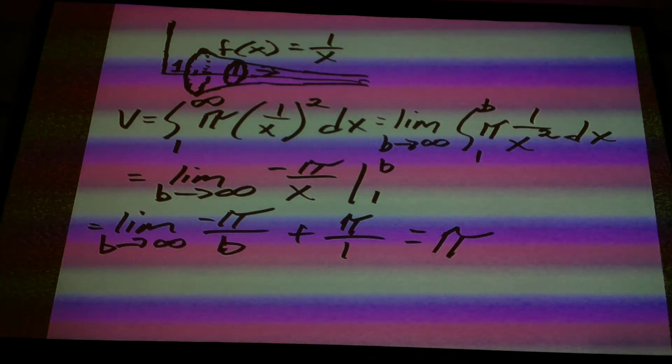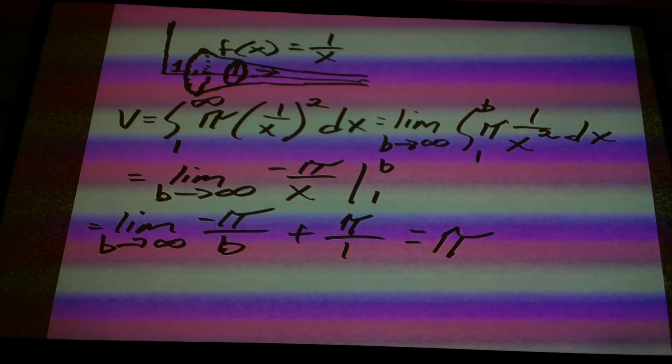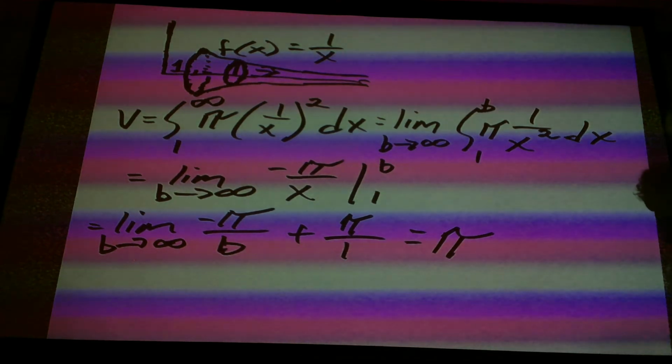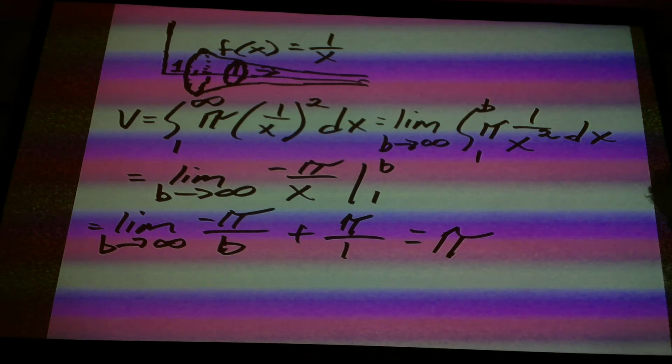Why would somebody give this a name? That would be the question. Why is Gabriel's horn called Gabriel's horn? Because Gabriel's horn has a very strange property. We probably won't do this problem when we get to surface areas because it's pretty long.